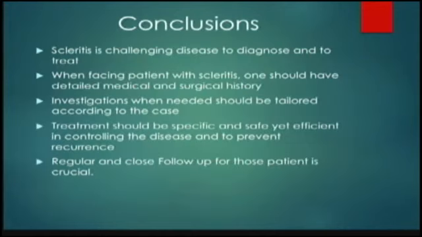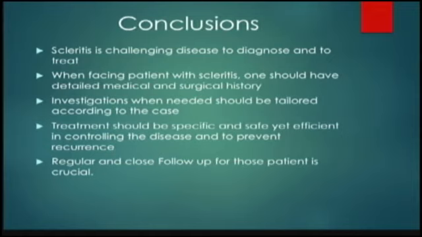So in conclusion, scleritis is a challenging disease to diagnose and to treat. When facing a patient with scleritis, one should take a detailed medical and surgical history. Investigation, when needed, should be tailored according to the case. Treatment should be specific and safe, yet efficient in controlling the disease and preventing recurrence.